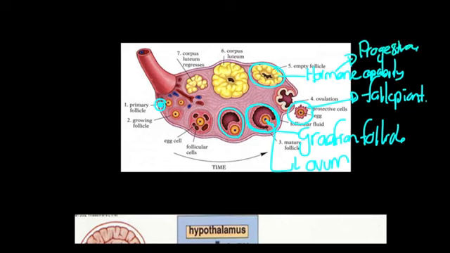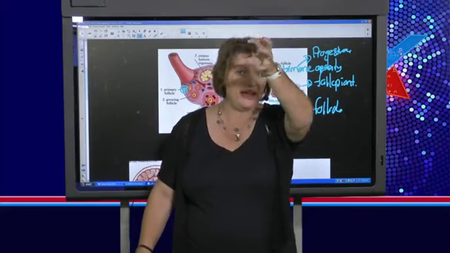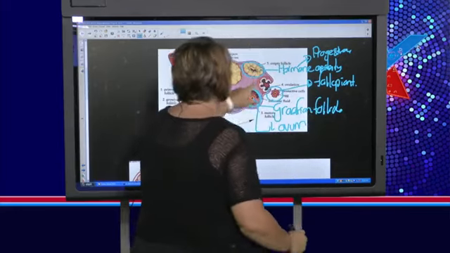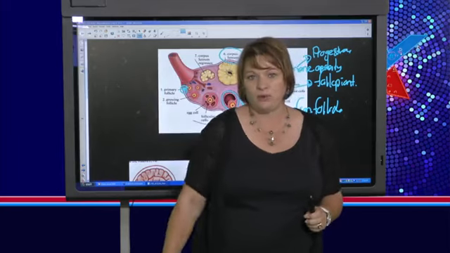So in the development of the egg, the ovary does two things. It's responsible for the development of the egg, and the leftovers of the egg, which is called the corpus luteum, is an endocrine structure. What is an endocrine? It secretes a hormone.